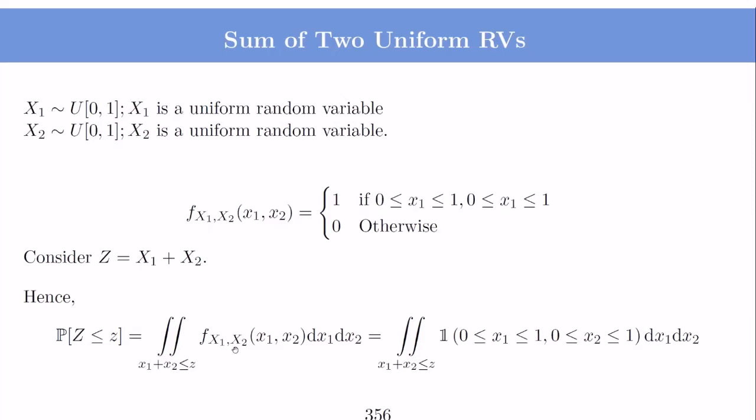So I want to integrate this PDF over the condition X1 plus X2 less than or equal to z. If I put back the PDF here, this is the indicator, which will be 1 whenever X1 and X2 are both between 0 and 1. And I want to integrate this indicator over this region.